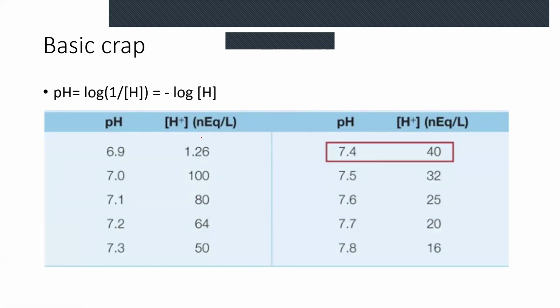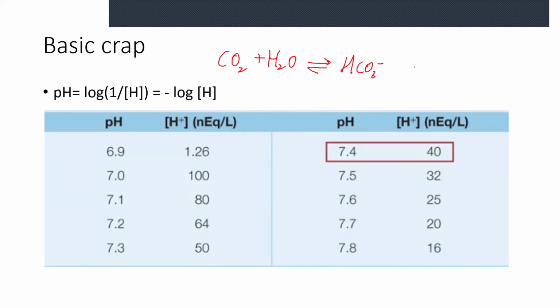the basic idea is that you have CO2 and water on one side, and then on the other side we have HCO3 and hydrogen. Okay, and as the concentrations on each side go up, that's going to push the equation towards the other side.